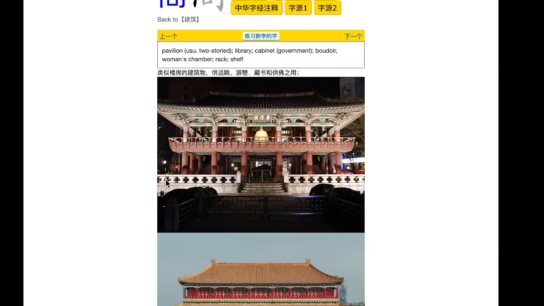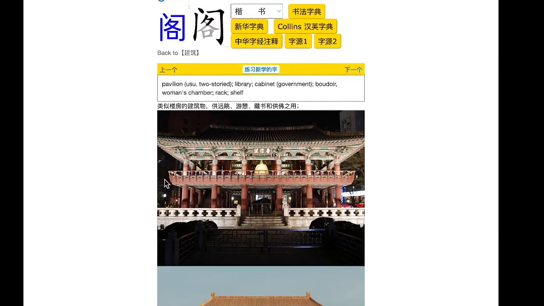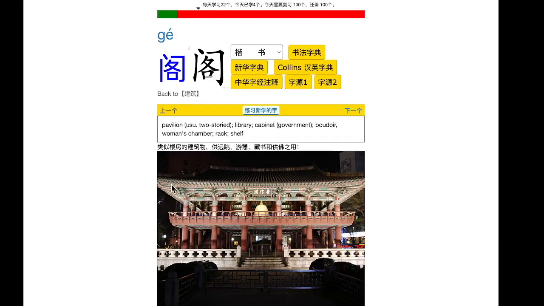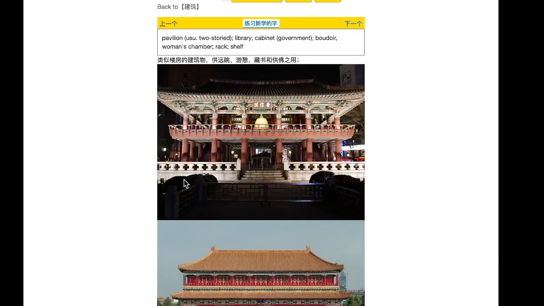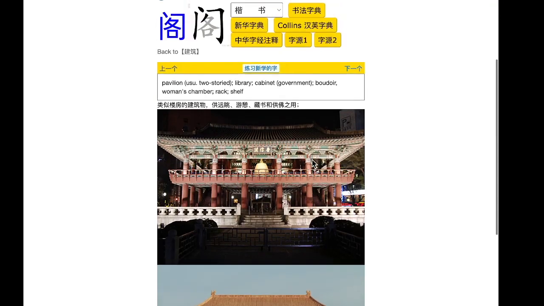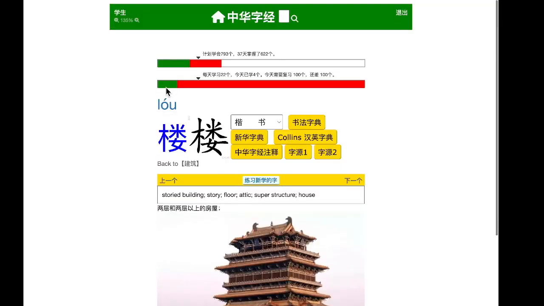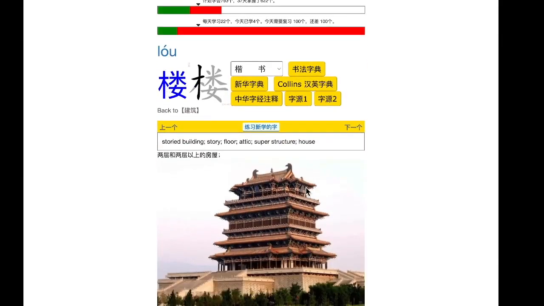Originally, there was a pretty clear distinction between them, being that the ge is usually 2 stories, a pretty regular rectangular shape, where the ceiling is the dominant feature and the lower level is open. And Lou is kind of more uniformly dense, can have more levels.